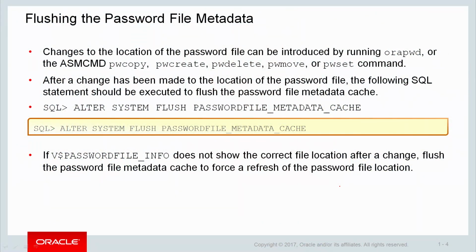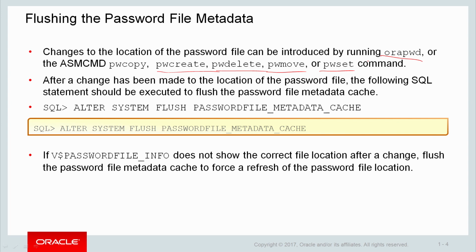Now this gave us a slight issue that if you have physically moved the password file to a new location, sometimes it could take a while for the database to realize, and you could get people failing to log in or failing to update the password file correctly. So changes to the location of the password file can be introduced by running orapwd, or pwcopy, pwcreate, pwdelete, pwmove, or pwset inside ASMCMD.